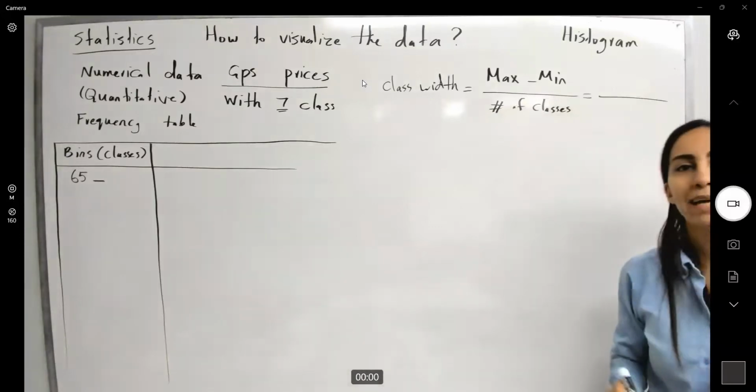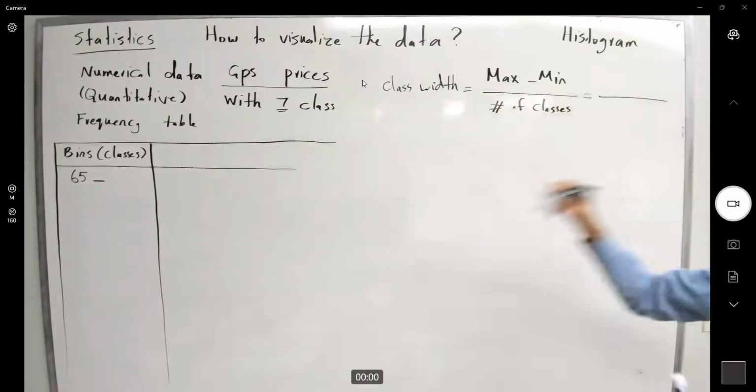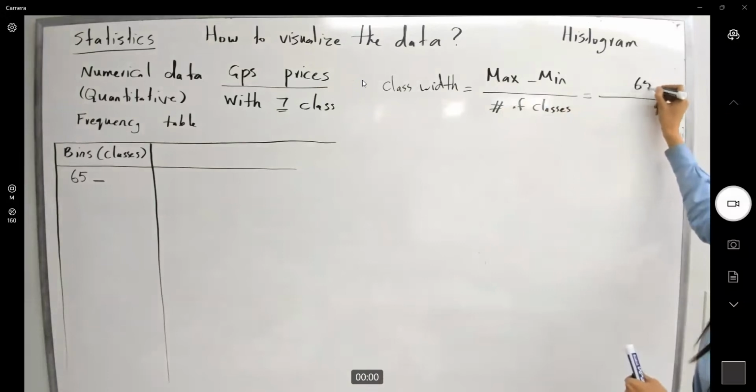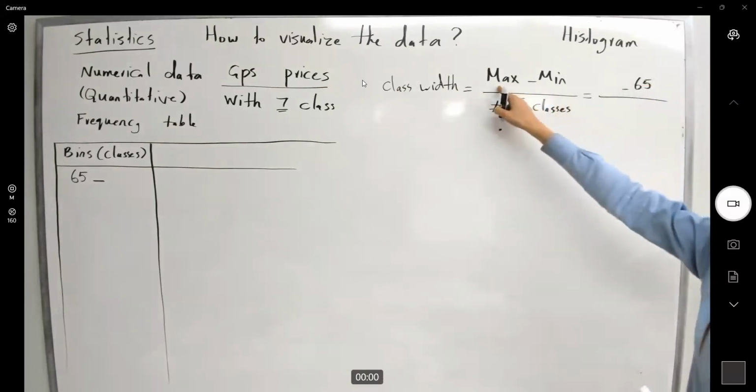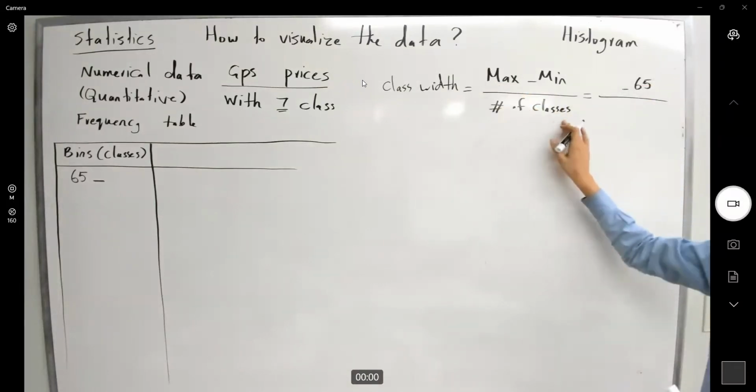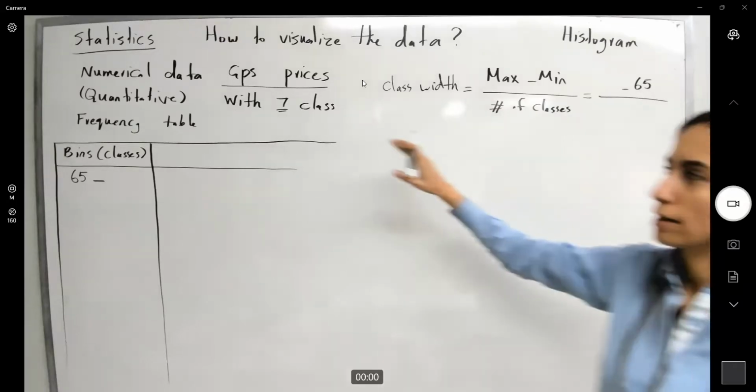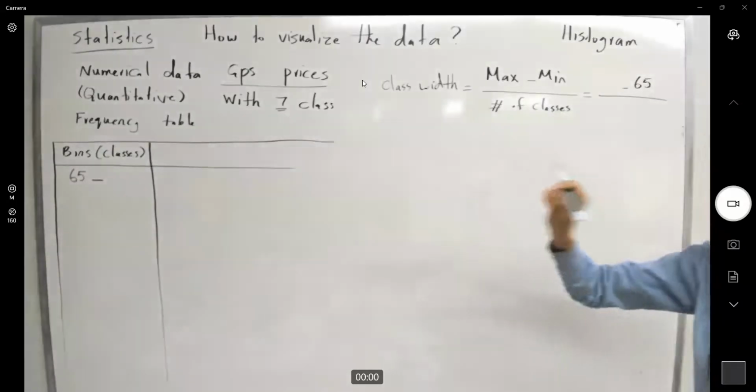So what's the maximum value in your collection? We already know that the minimum value in the collection is 65. What is the maximum value in the collection? And what is the number of classes? The number of classes is given to us as 7.